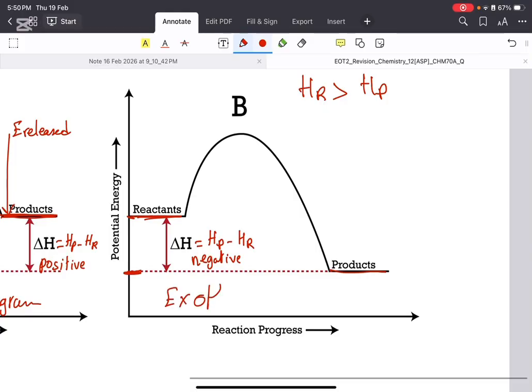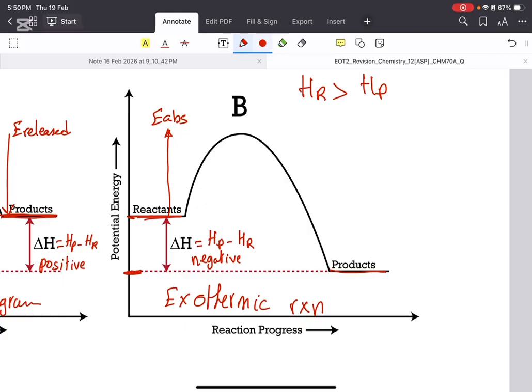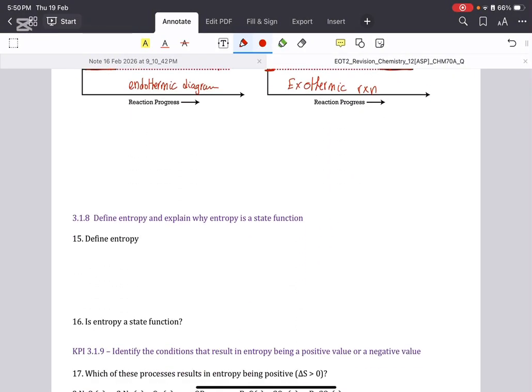Therefore, this diagram represents an exothermic reaction. Moreover, the energy absorbed to break the bonds of the reactants is a lot less than the energy released to form the bonds between the products.